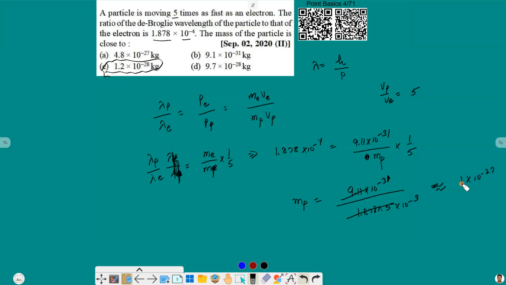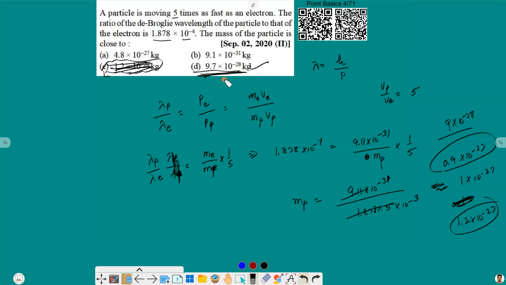It might be something like 0.1 into, no, sorry, this is approximate. It can be like 0.9 something into 10 raised to power minus 27. And this will not match with option C, sorry. It will not match, but this can match. It can be written as 9 into 10 raised to power minus 28, and that is option D. So option D will be the right answer here.